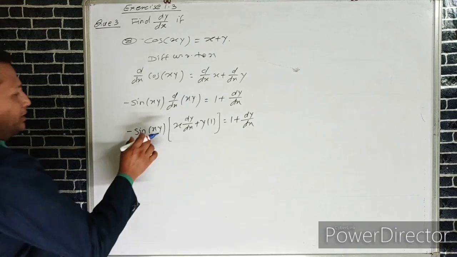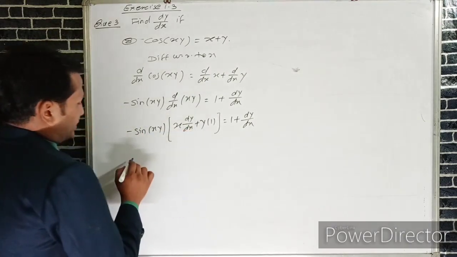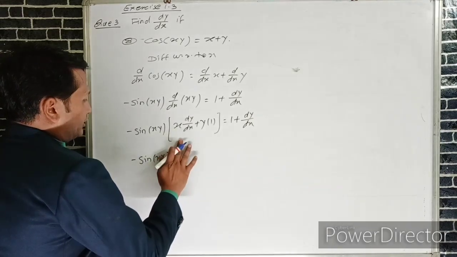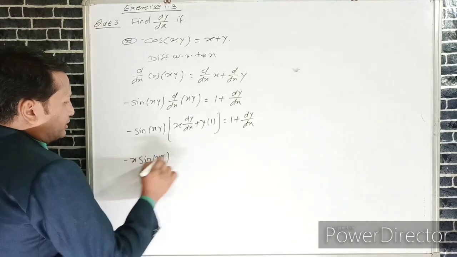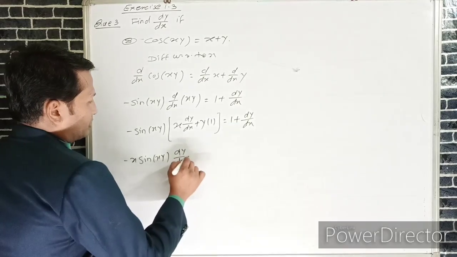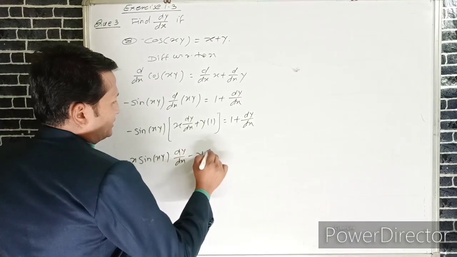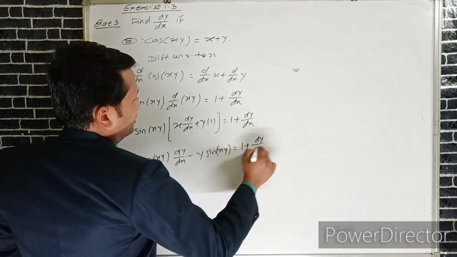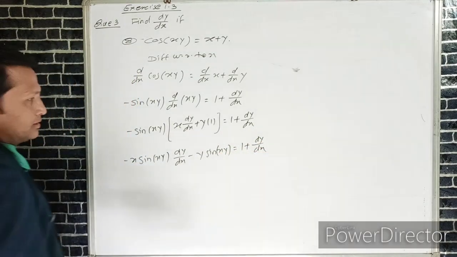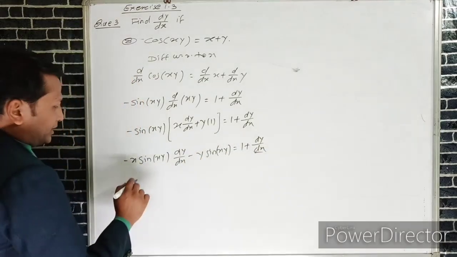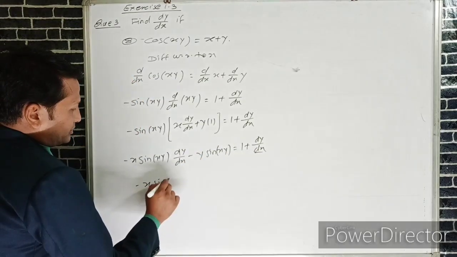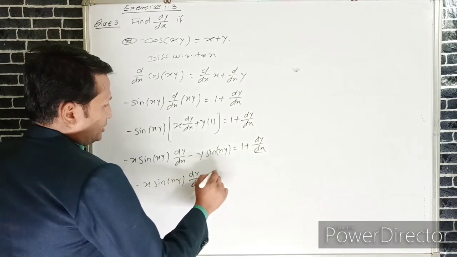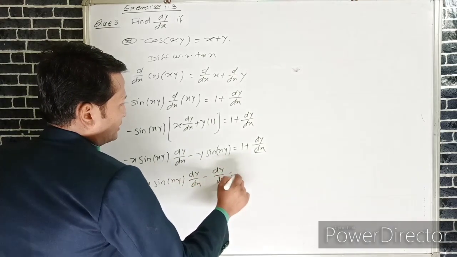If we multiply this minus sin of xy into this term, we can write minus sin of xy into x dy upon dx minus y sin of xy is equal to 1 plus dy upon dx. If we shift this term to the right side, we can write minus x sin of xy into dy by dx minus dy by dx is equal to 1.